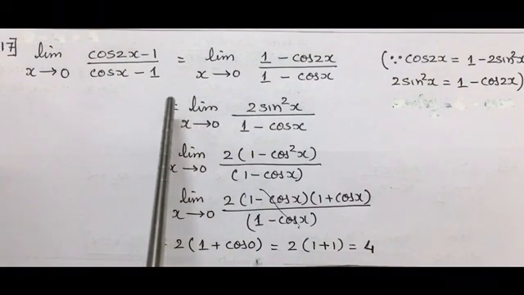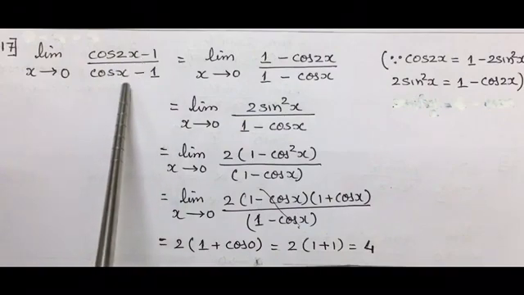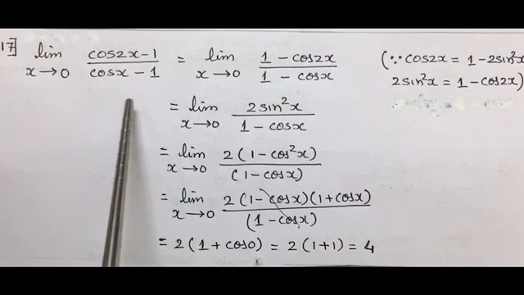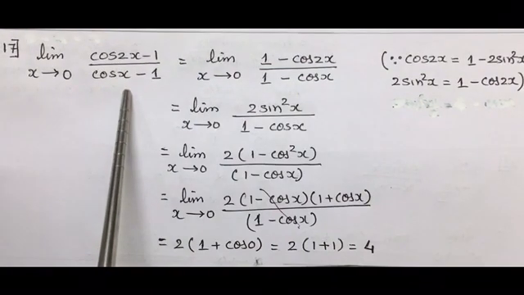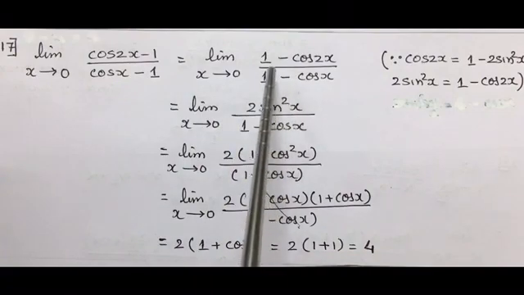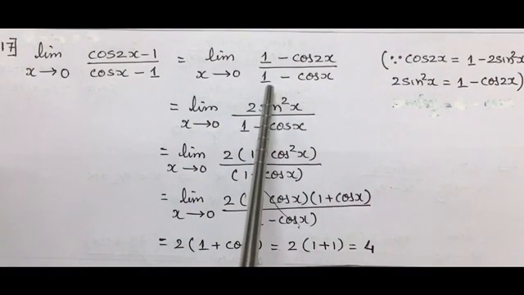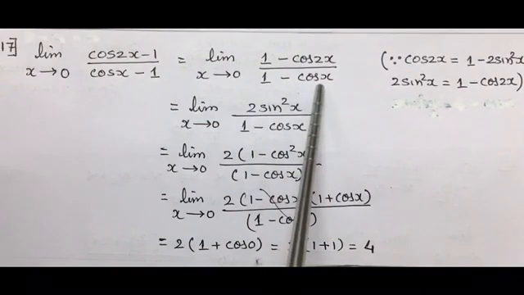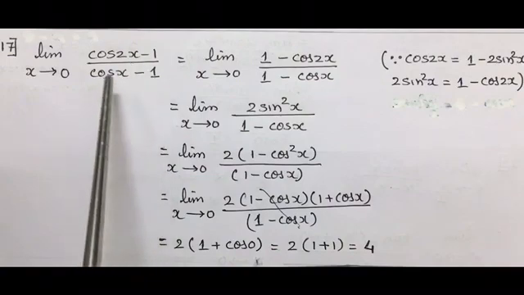Now to use the formulas from chapter number 3, trigonometric functions, we will change numerator and denominator both in terms of 1 minus cos 2x divided by 1 minus cos x, just interchanging the terms.